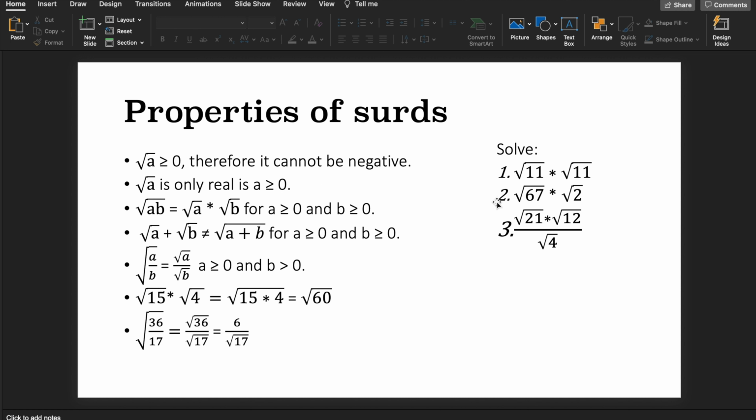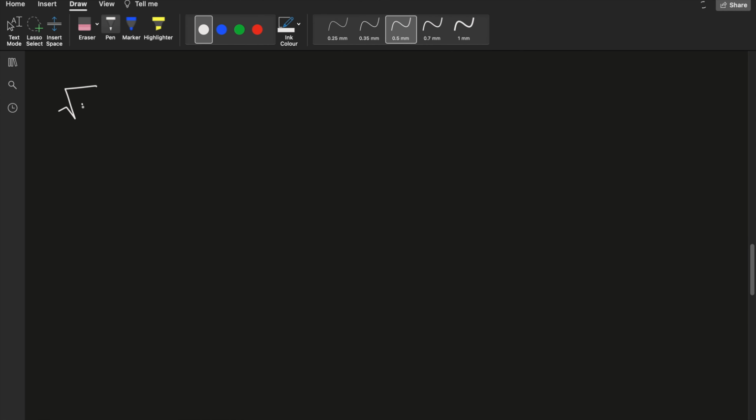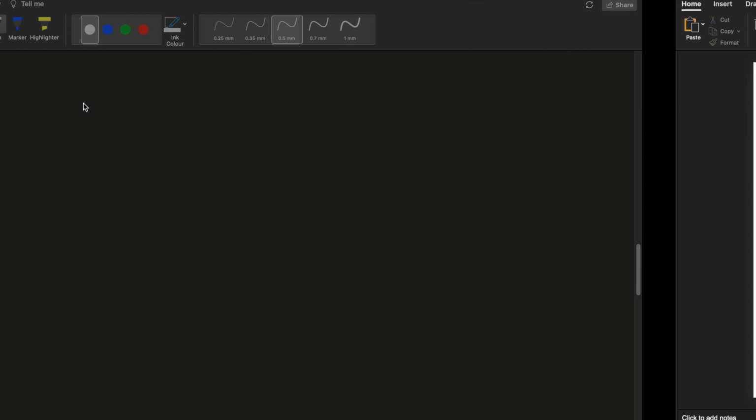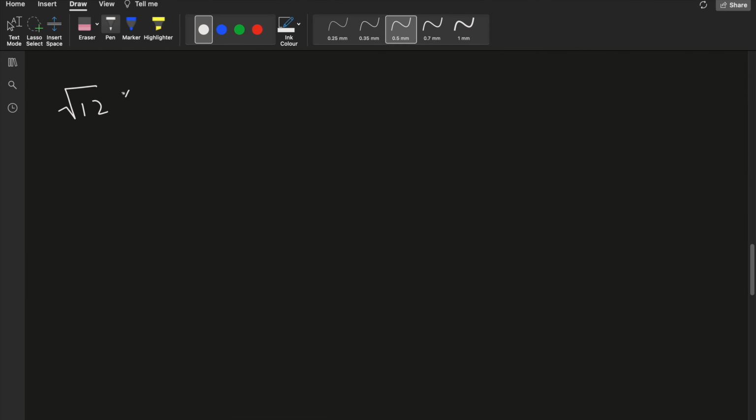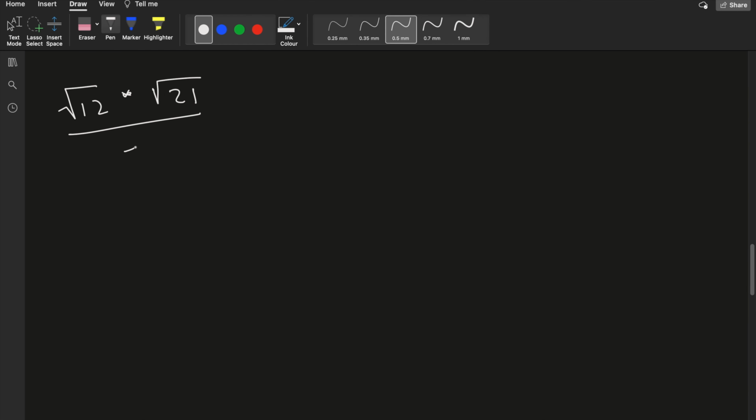Now you will have to solve these. I'll solve the third one. The question states square root of 12 into square root of 21 divided by square root of 4. We know that square root of 4 is 2 because 2 squared equals 4.